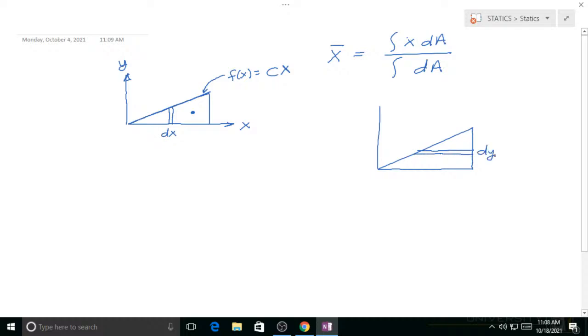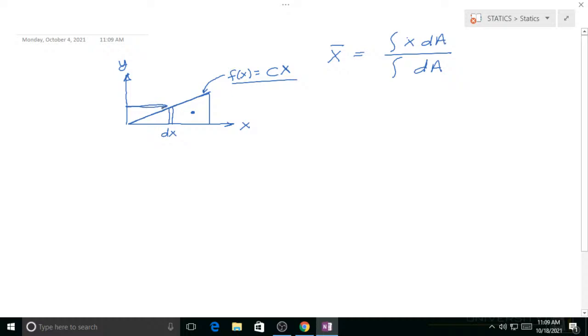The problem with using a dy is you have an x represented in here. And so in this particular case, it seems beneficial to actually use the dx, and that makes things a little bit less complex. The other thing is, you've got a function that sits here.